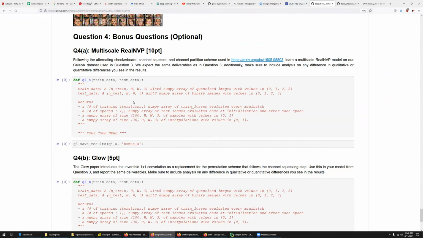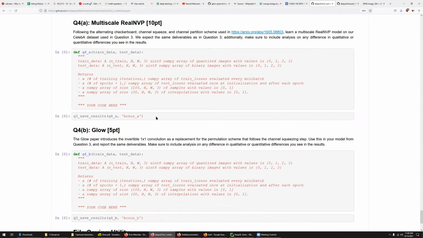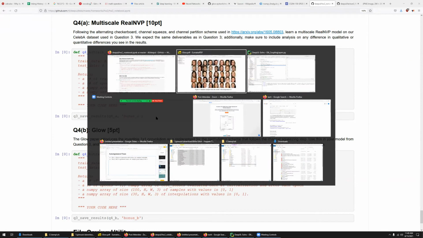So I did look at some of the Glow papers with code. I think Glow was the one where, either in the lecture or whatever, there's a blog post that you can go and play with, where they allow you to vary the parameters.